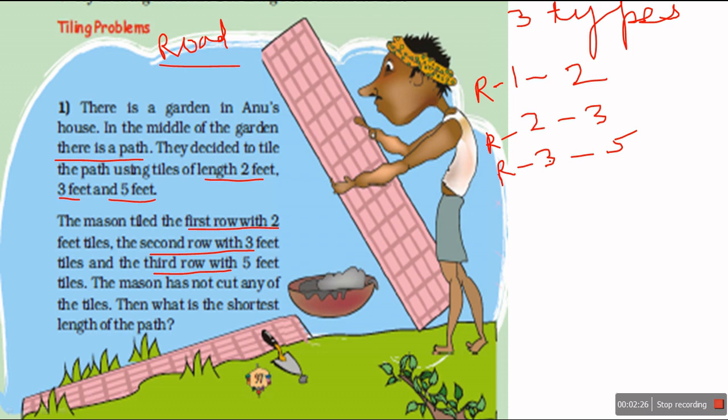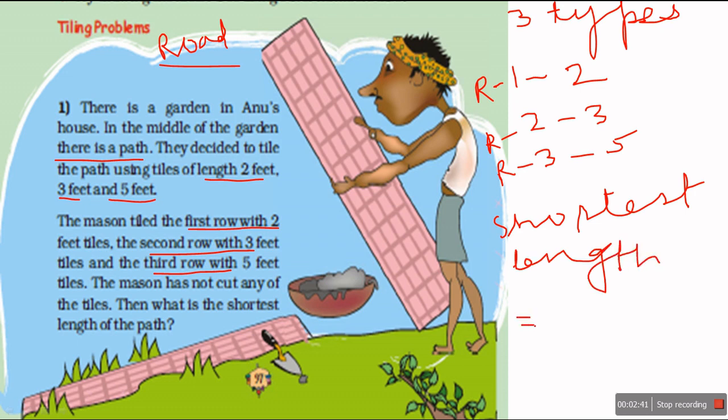So the minimum length will be 2 into 3 into 5, the multiplication of all three types of tile. 2 threes are 6, 6 fives are 30. 30 feet. So the shortest length of the path is 30 feet.